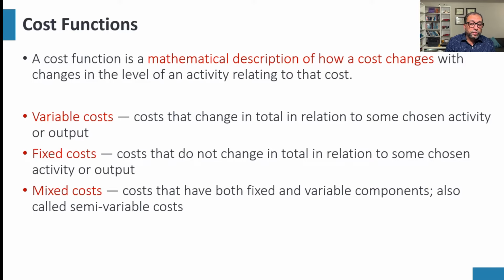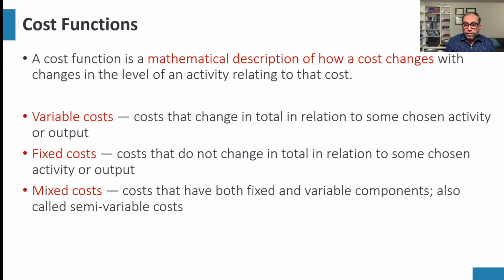For example, the electricity bill: there is some fixed cost as a line rent, and then the rest is based on how many units we are consuming. So there are many ways in which you have to pay a certain amount as fixed, and the rest of the amount is based on how much you are using. That's a mixed cost.